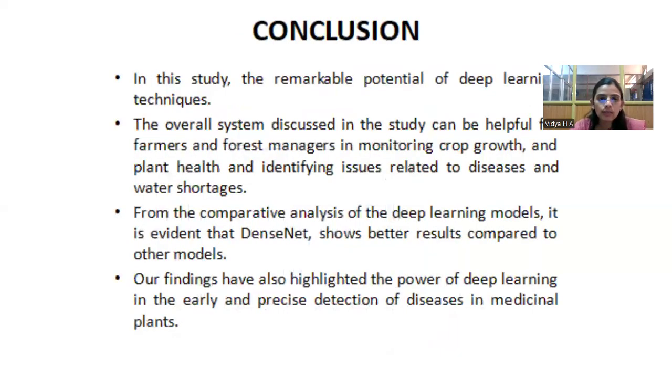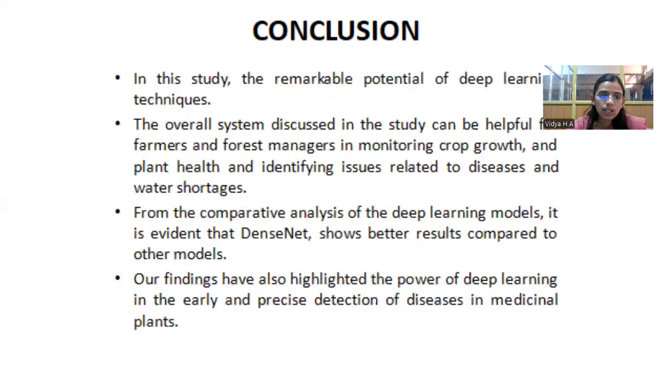Coming to the conclusion, on concluding this study, the potential of deep learning techniques in revolutionizing the identification and monitoring of medicinal plants has been demonstrated. The overall system discussed in the study can be helpful for farmers and forest managers in monitoring crop growth, maintaining plant health, and identifying issues related to diseases and water shortages.